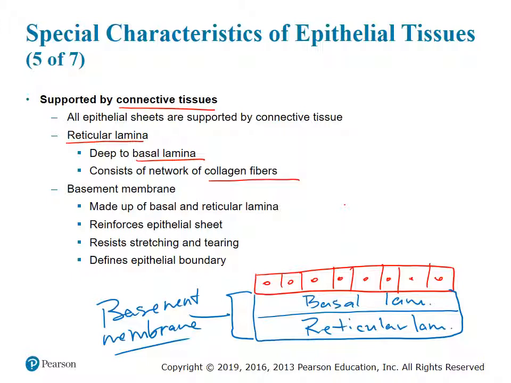When you talk about both of these bottom blue areas together, that's called the basement membrane. The basement membrane is those two layers that hold up or support the upper epithelial tissue. Okay?